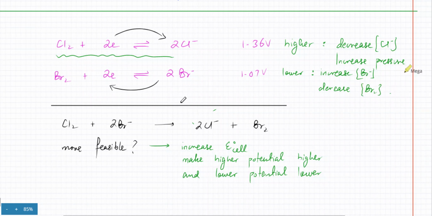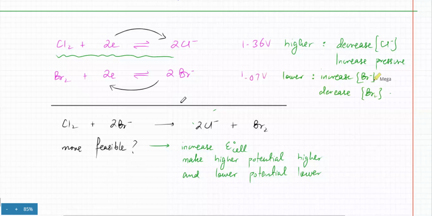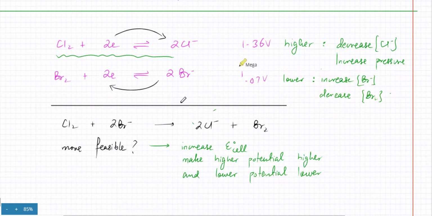Okay, so these are some of the things that can be done so that the reaction overall becomes even more feasible.